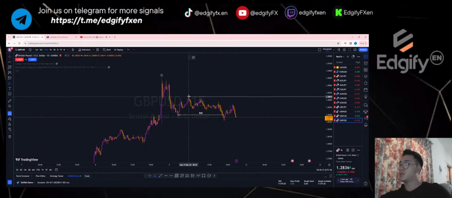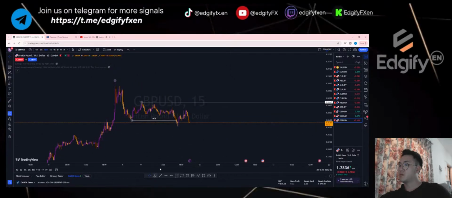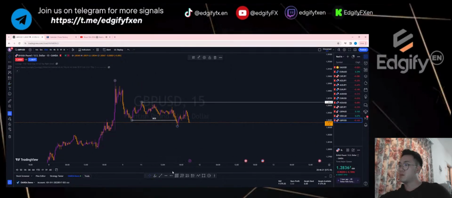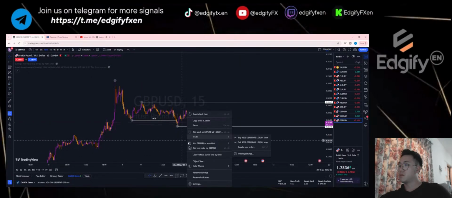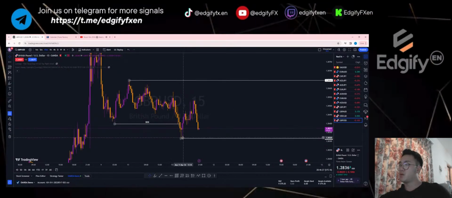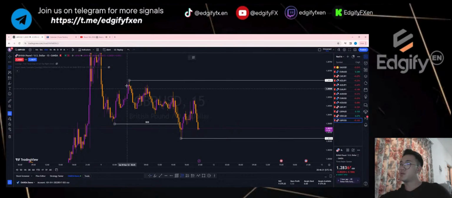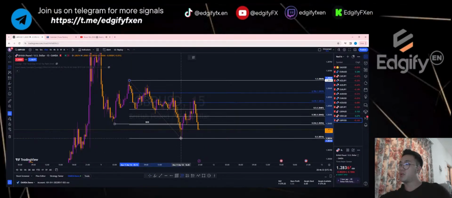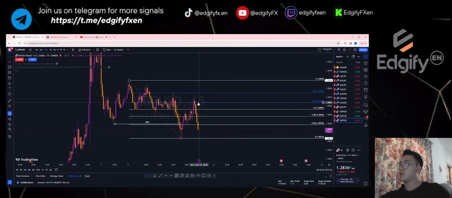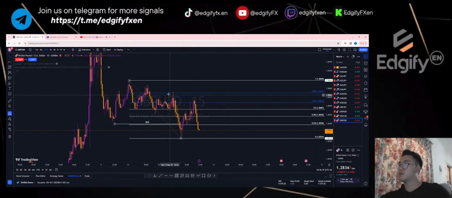Right now, I'll be seeing something like this. Price broke below, came back, dumped. Right, so if you want to see how clear it is, look at this 618 level, rejected, right?